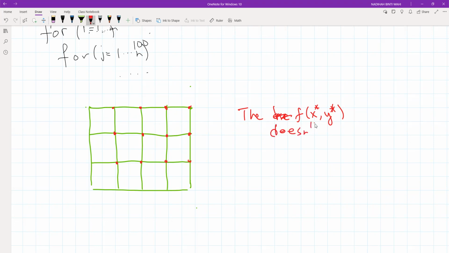Tak kisah. If n goes to infinity and m goes to infinity.